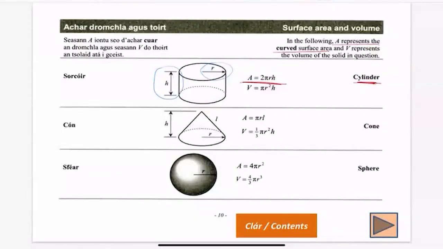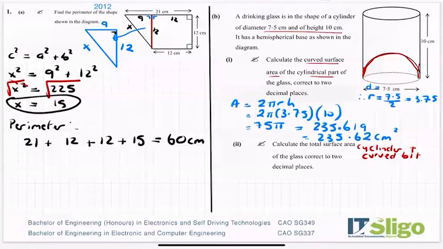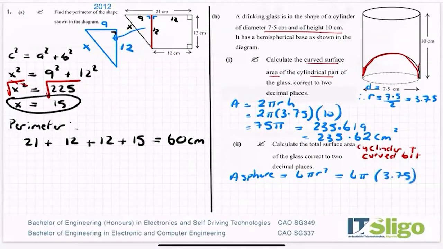So for a sphere, the curved surface area is 4 pi r squared. So the area of my sphere is equal to 4 pi r squared. So that's equal to 4 pi, and the radius is still the same because it's still the same shape that I'm working with.